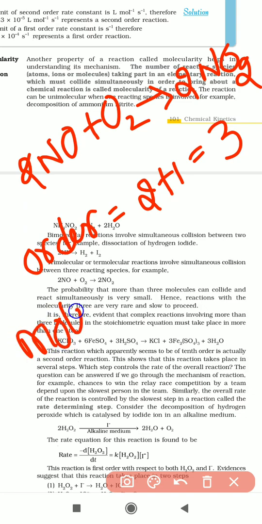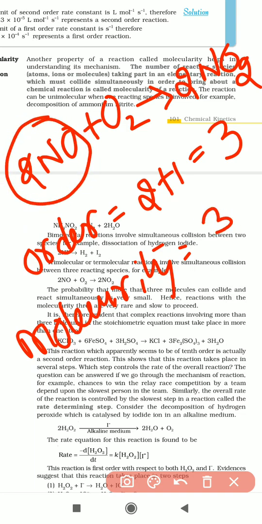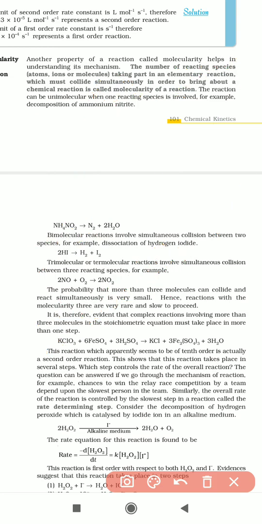What is the molecularity of this reaction? The molecularity is also 3, since 2 moles of nitric oxide and 1 mole of oxygen are combining. Therefore, the molecularity is 3. Right. So this is about molecularity, and the next one is order of reactions.